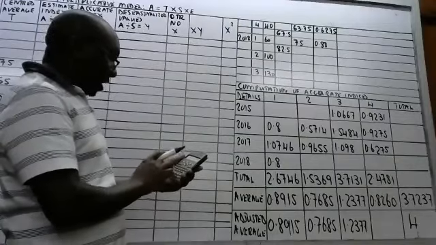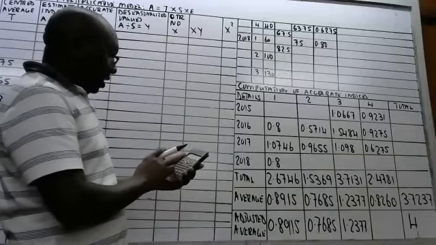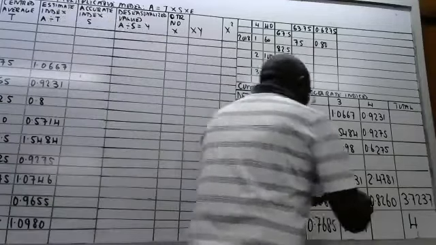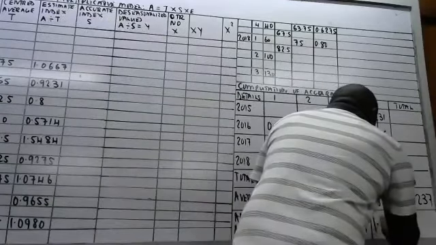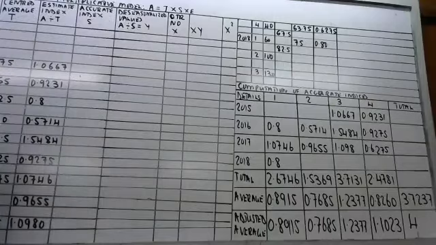So the value must be equal to what? That now must be 1.1023. If you are there and you are okay, say agreed.